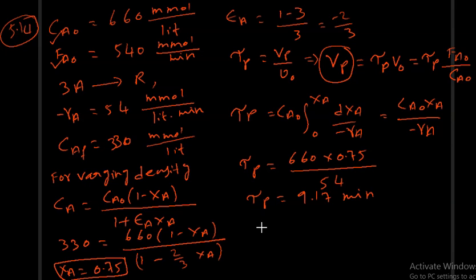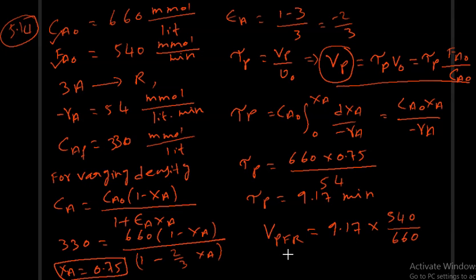And volume, so V is equal to, from the above equation where we have this equation, we got tau P value, Fa naught and Ca naught value is there. Just substitute those values. So V of a plug flow reactor is equal to 9.17 into, Fa naught is equal to 540 divided by Ca naught is equal to 660.